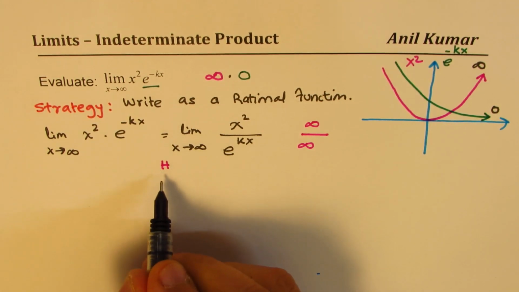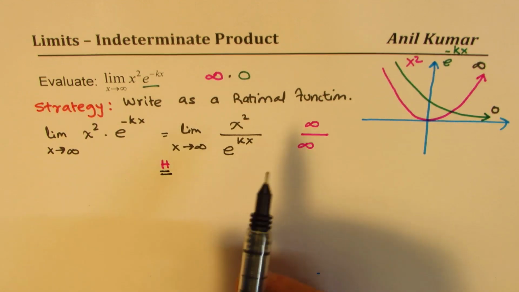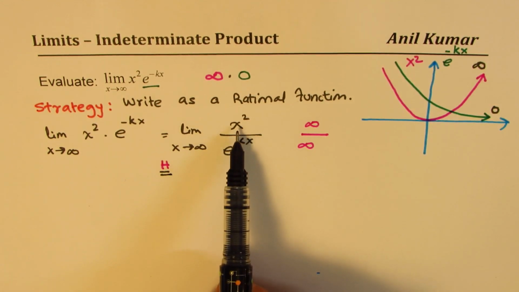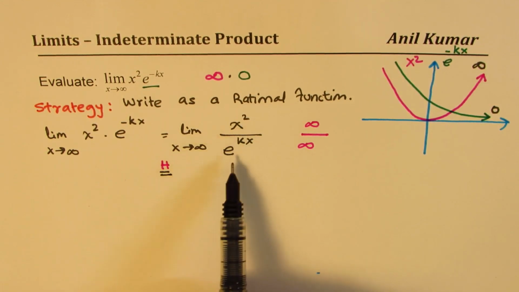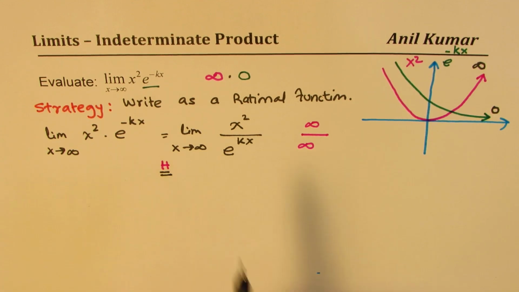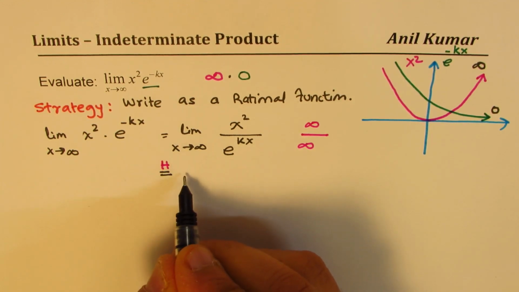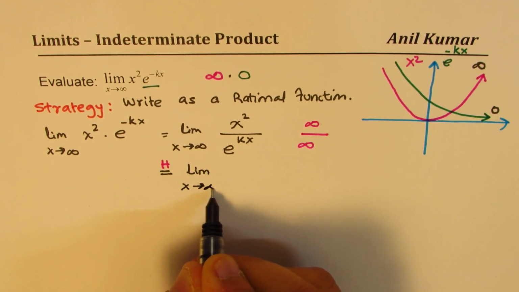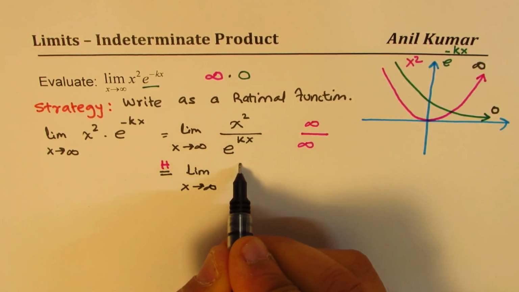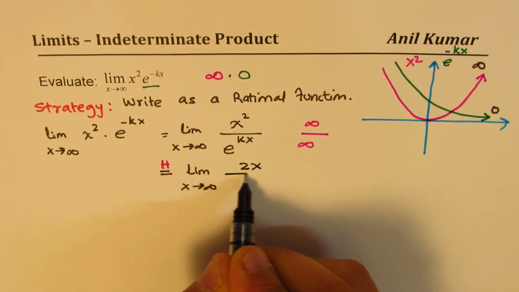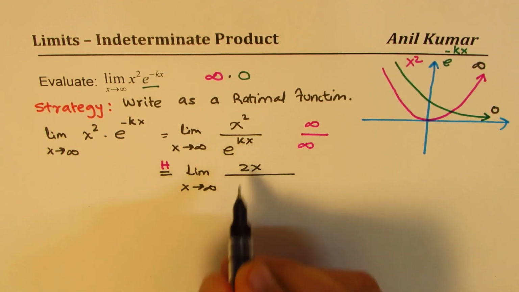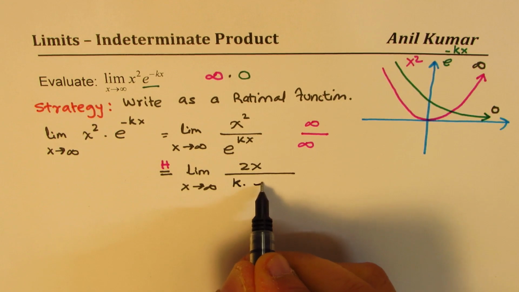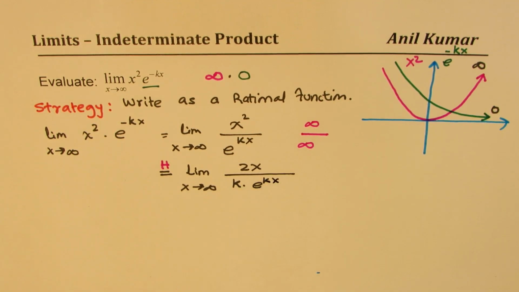So that means what we're trying to do here is basically writing the derivative of the numerator and the derivative of the denominator, right? So what we get here after applying the rule, we get this as limit x approaches infinity. Derivative is 2x for x squared, and the derivative for this will be k times e to the power of kx.